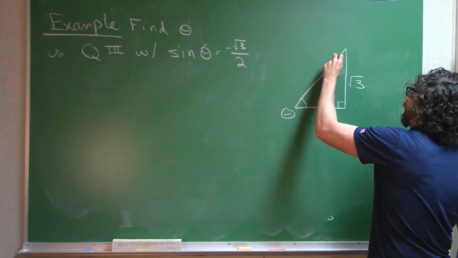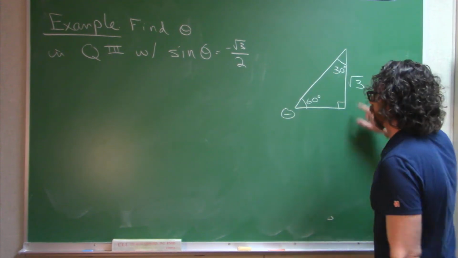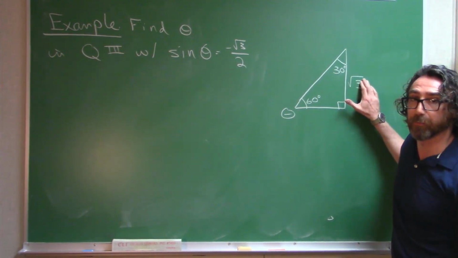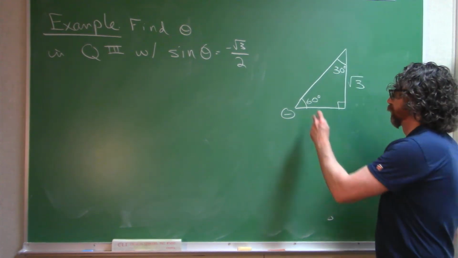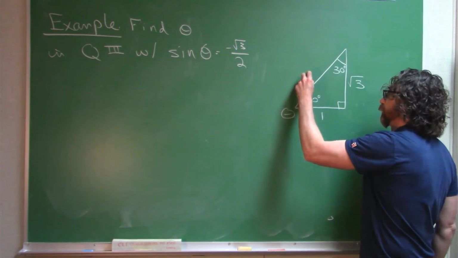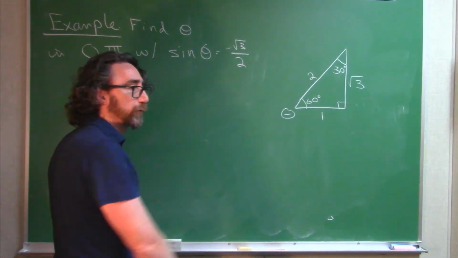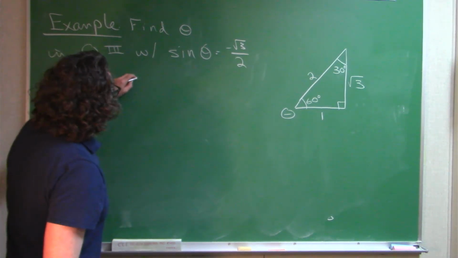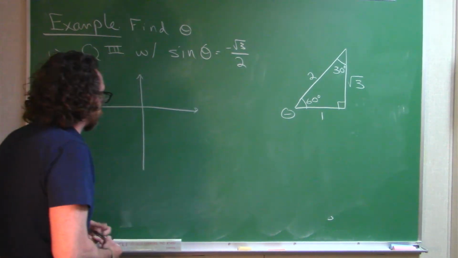Now, if this is my radical 3, this is the 30. Remember, in our 30, 60, 90 triangle, which is the special triangle that has the radical 3, the radical 3 goes adjacent to the 30, so that must mean we're opposite the 60. There's the 1, there's the 2. Okay, so the 60 degrees is my reference angle. The statement of the problem tells me that I'm in Q3.